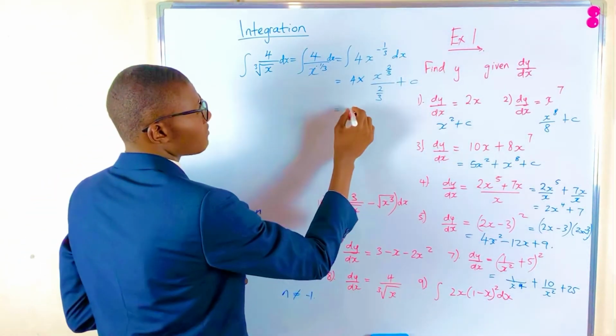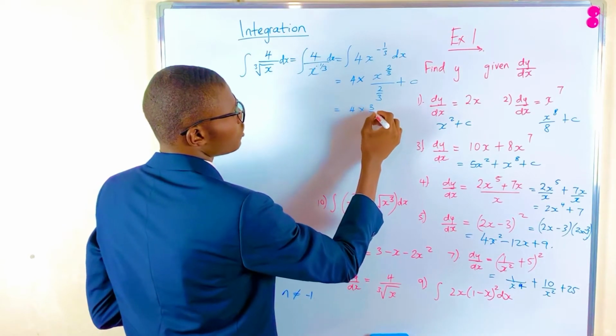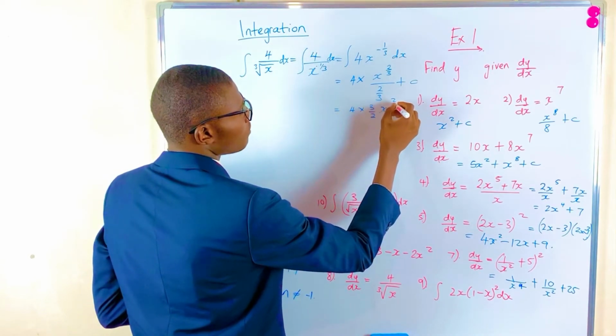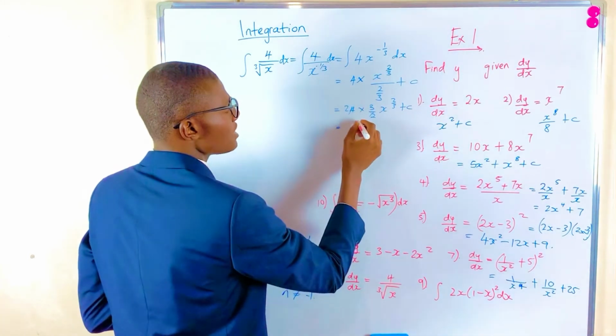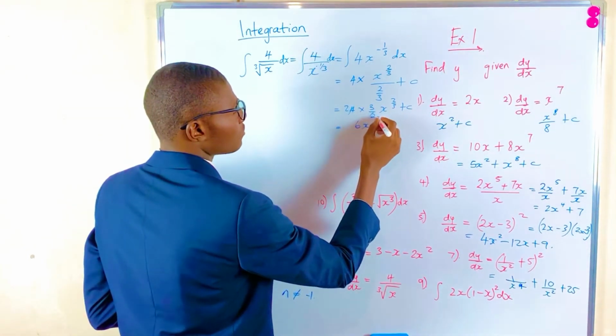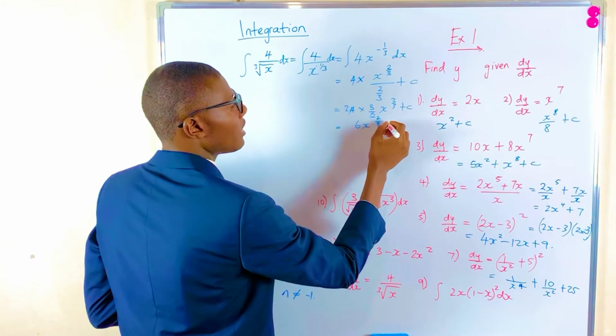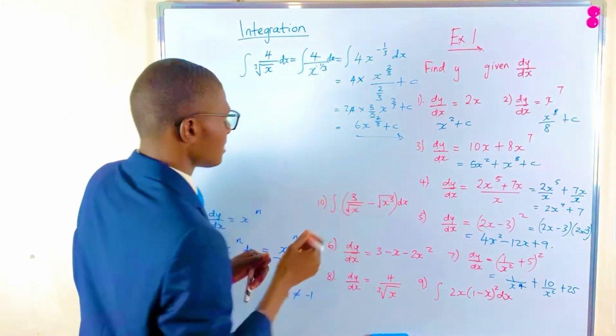This gives us 4 times 3 over 2, x to the power of 2 over 3, which simplifies to 6x to the power of 2 over 3, then plus the constant of integration c.